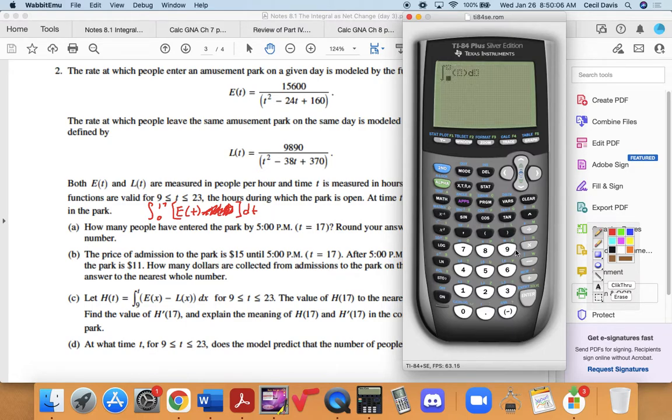So I'm just doing math 9 from 0 to 17 of that first equation with respect to x. 8,366 people.